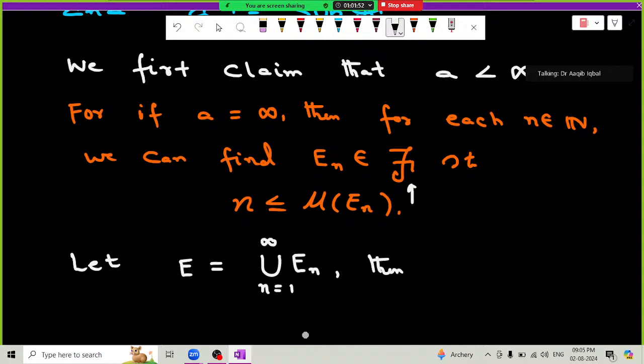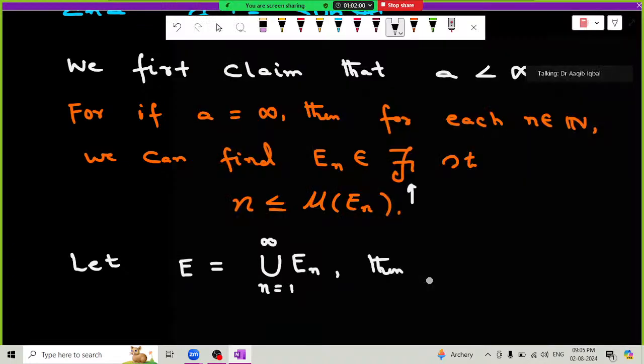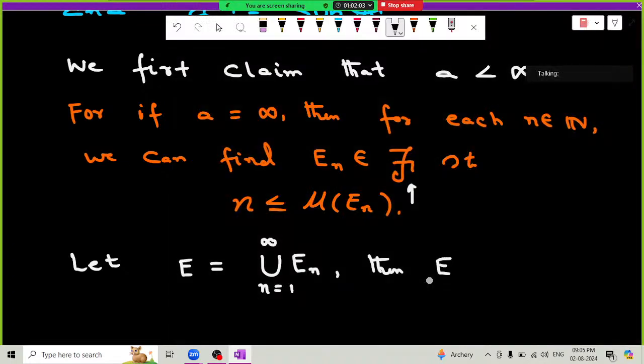So e sub n's are sigma algebra members. This is countable union of e sub n's. So therefore it will be in sigma algebra, because sigma algebra is closed under countable unions. So then E belongs to this sigma algebra. And my question to you is, what would be the measure of this E? What would be mu of E?